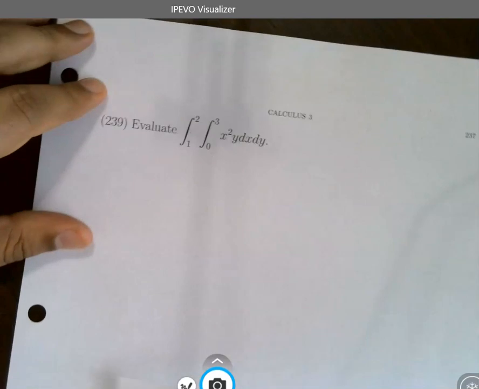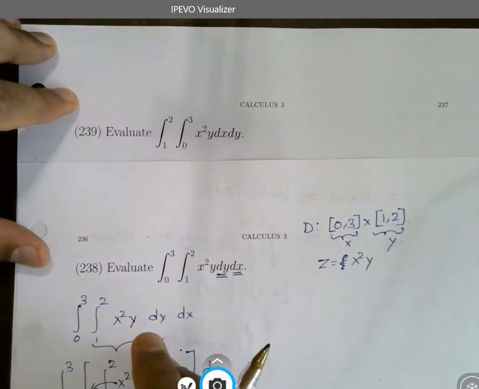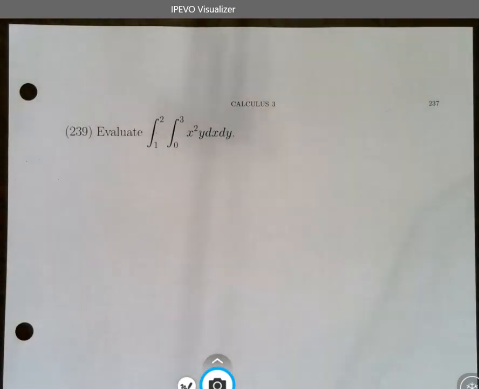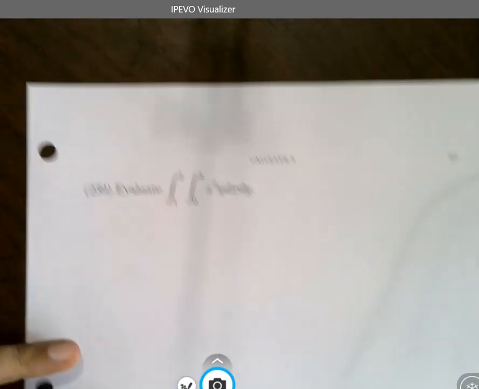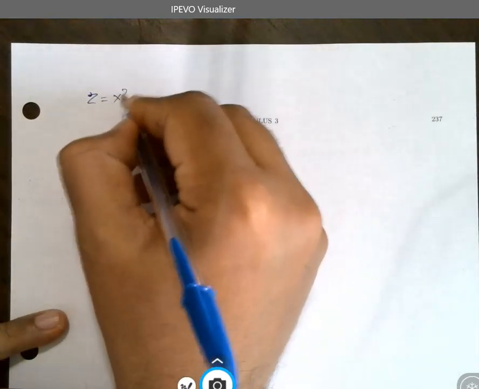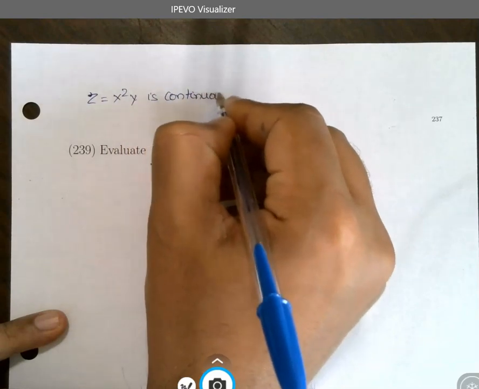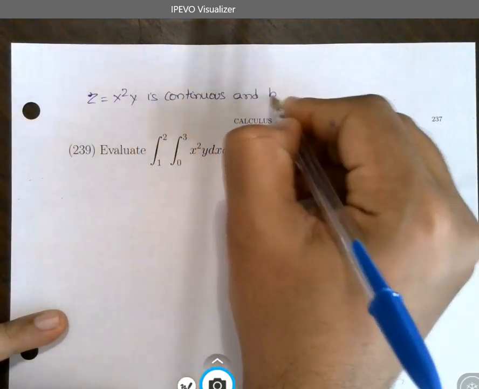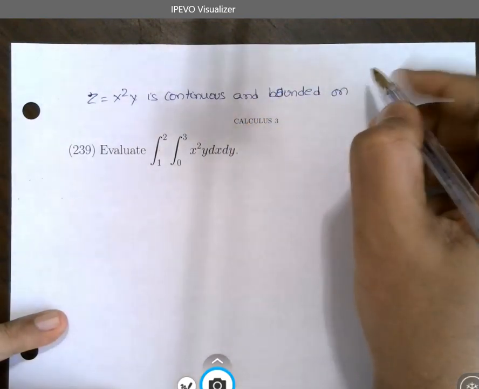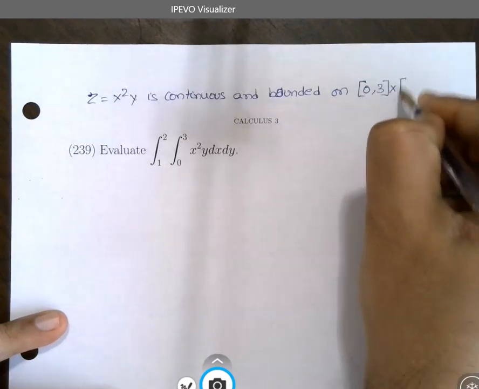Now we will address a similar problem, but I have changed the limits of integration here. First of all, I also want to tell you that the function z equals x squared y is continuous and bounded on the domain, the domain being 0 to 3 across 1 to 2.